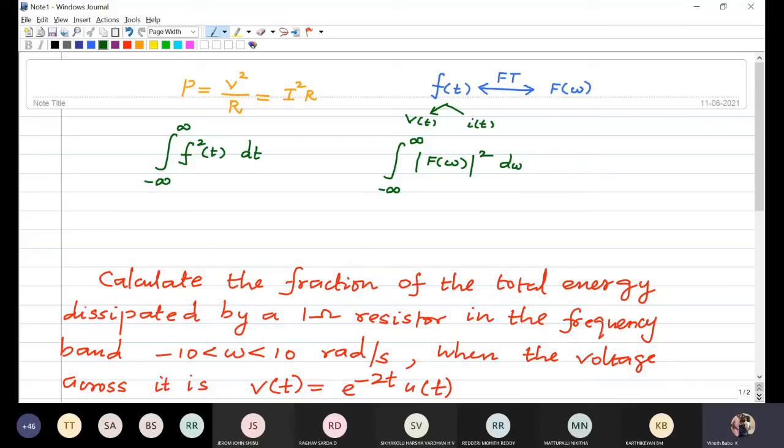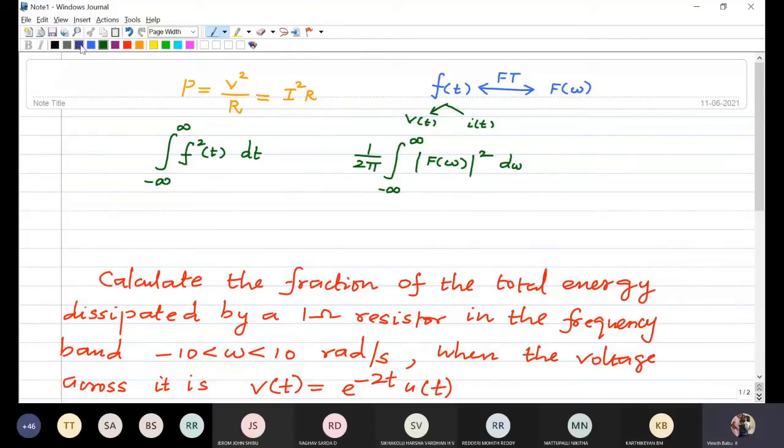And since we are operating in omega, there is a scaling factor of 1 over 2 pi. So kindly note down, this is the energy expression in the time domain, and this is the energy expression in the frequency domain.